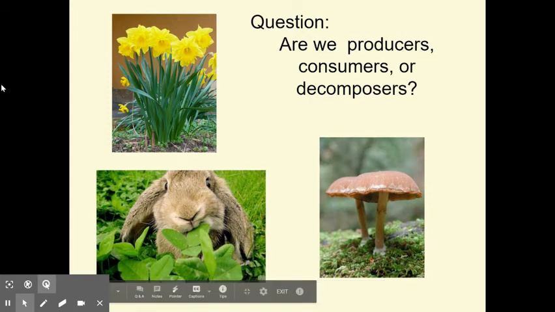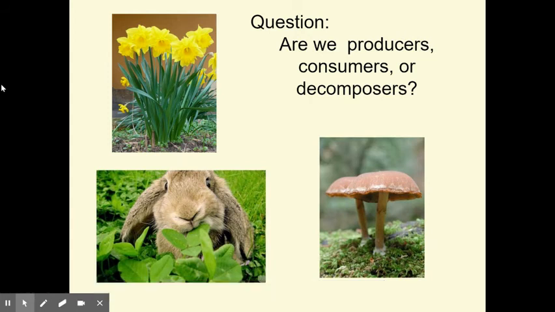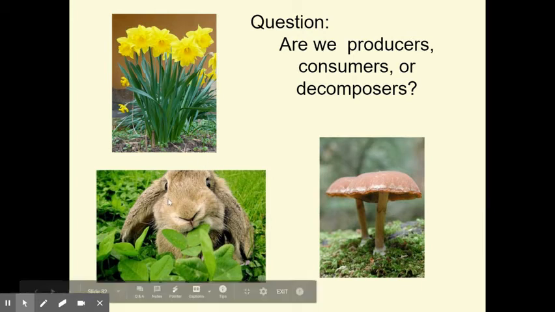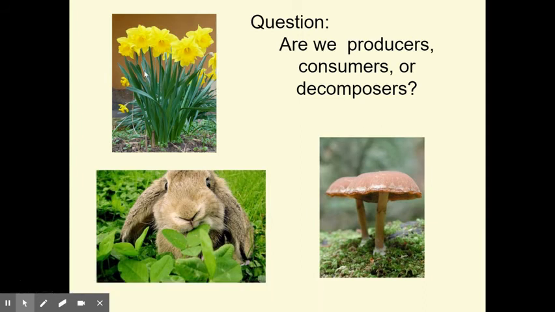So, final question. Are we producers, consumers, or decomposers? Take a second. What are we? Producers, consumers, or decomposers? Do we make our own food? No, we're not plants. Do we eat dead things? Do we go and eat dead things on the side of the road? No, that's gross. We'll get sick.